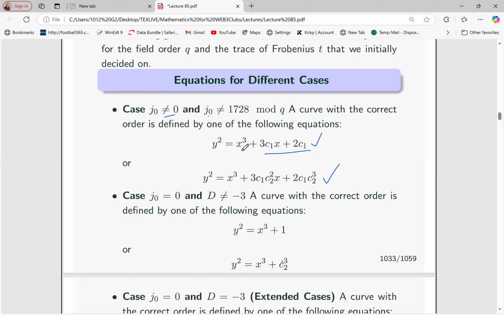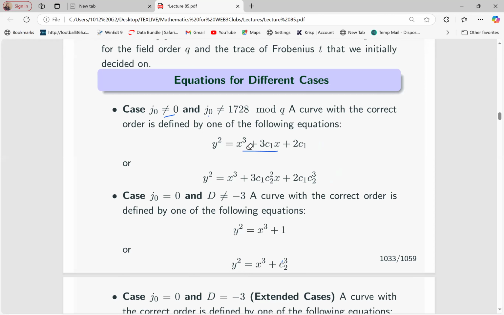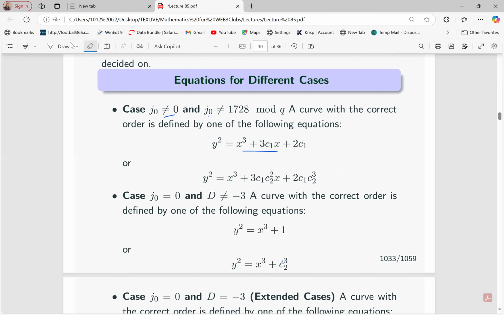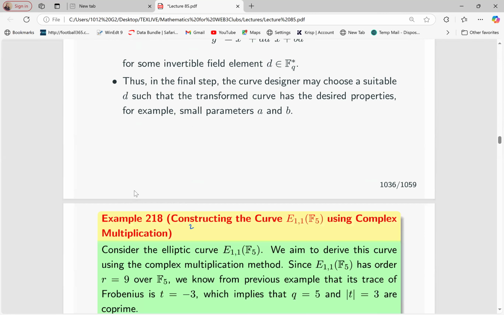So let's try this form first of all. This one is x cubed plus 3C1 x plus 2C1. I just want to try that and see whether it gives us 9 points. If it doesn't, then we check the other form.